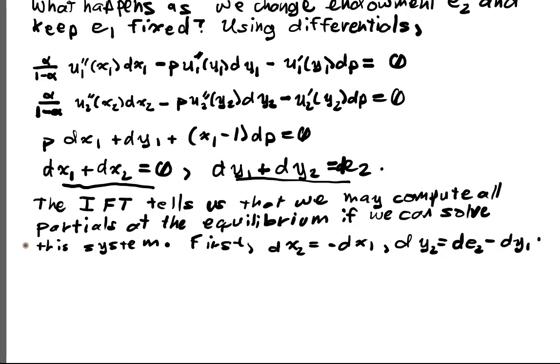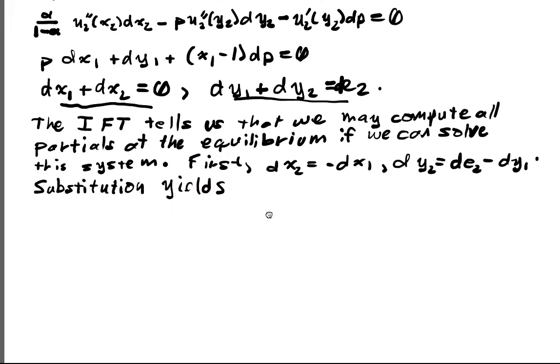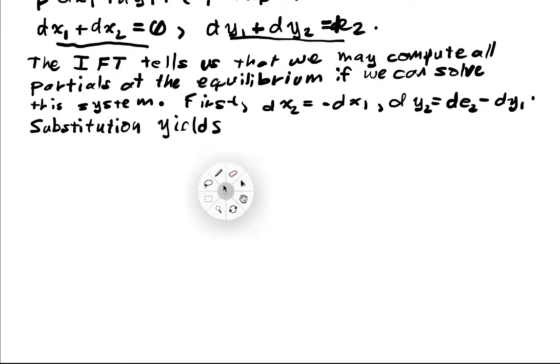And substitution will yield, in some sense we're just doing elimination through substitution, and that'll yield 3 equations now and 3 unknowns. That's the process of substitution.